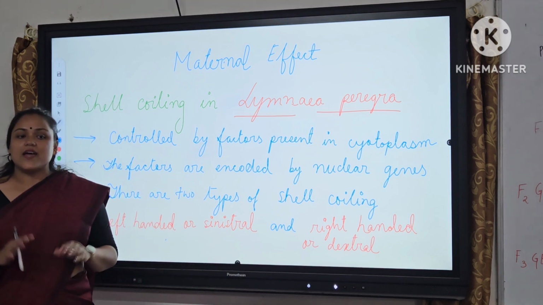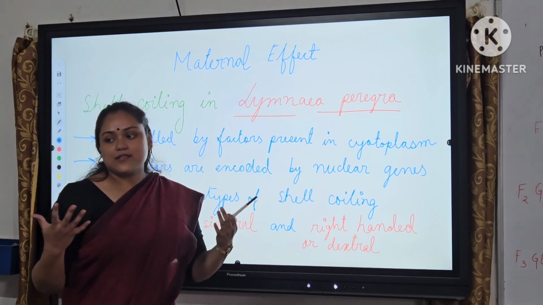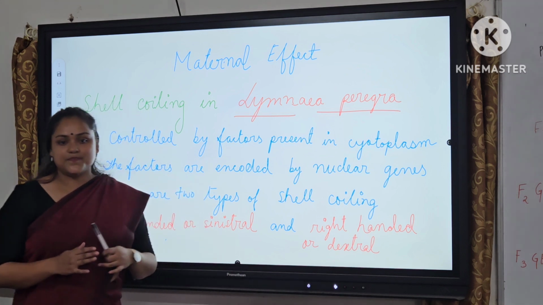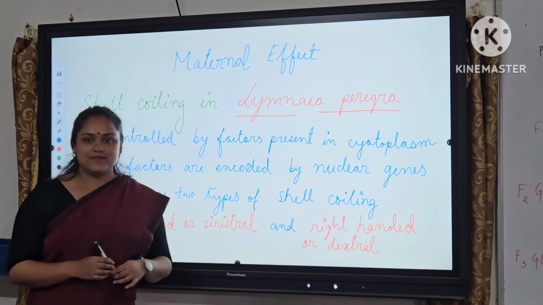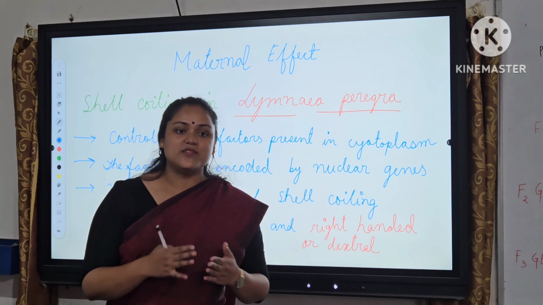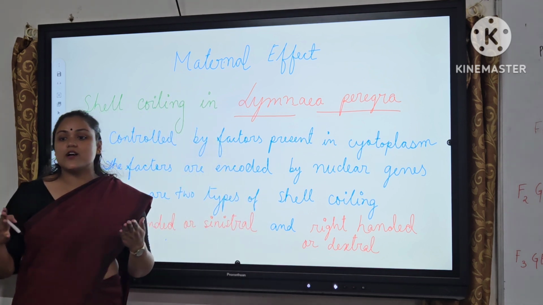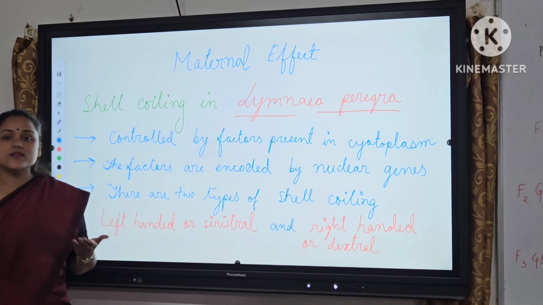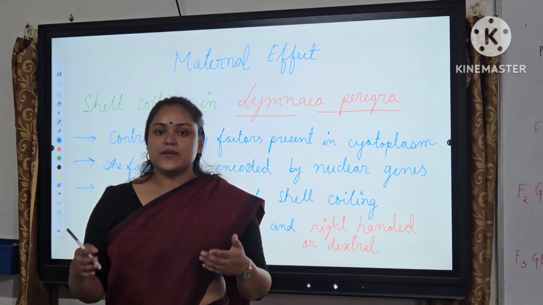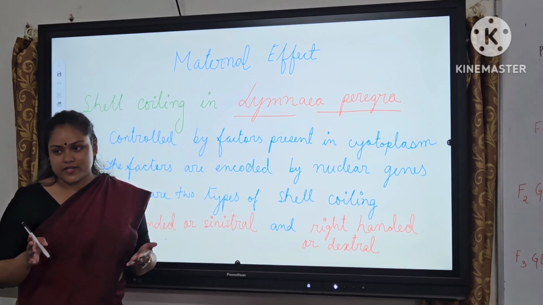Now I have a question for you. Can you explain the difference between a phenotype and a genotype? Genotype is the genetic makeup of an organism, and phenotype is what we see from outside. As an example, we have studied tall and dwarf plants.